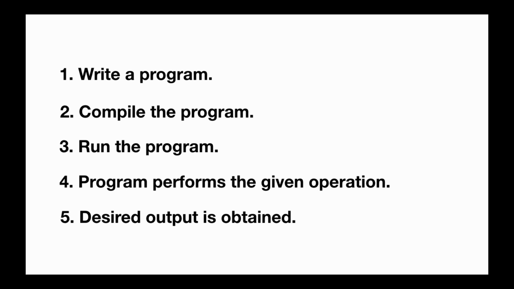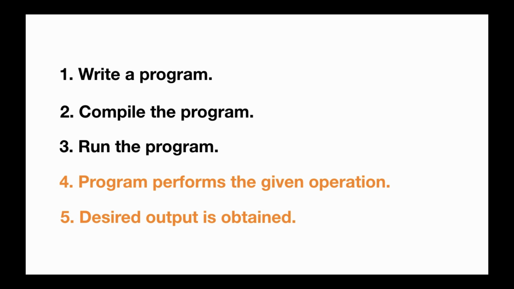If you notice closely here, steps 4 and 5 are the steps where we get the fruits of the hard work that we have done. These steps are not dependent on any programming language. They are programming language independent, which means whatever programming language you've chosen to write the code, these steps 4 and 5 stay the same.